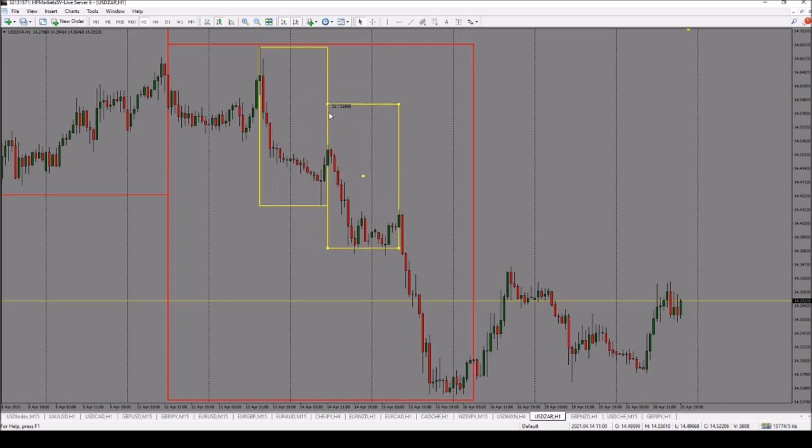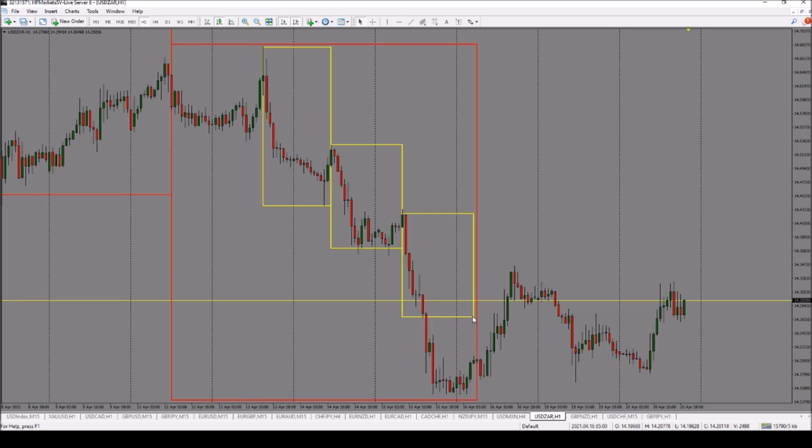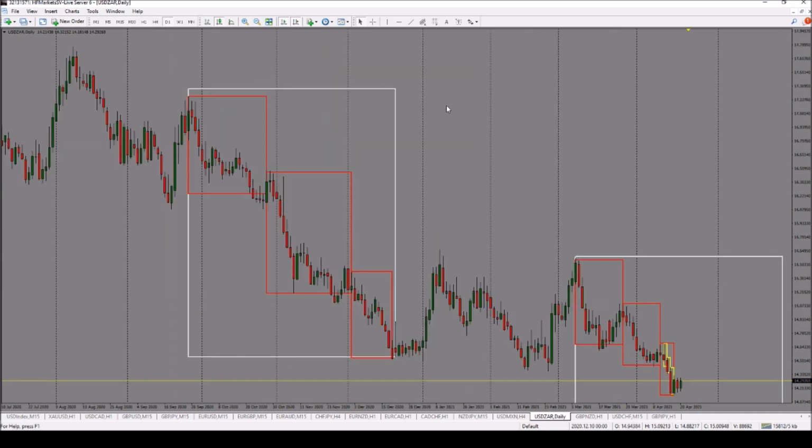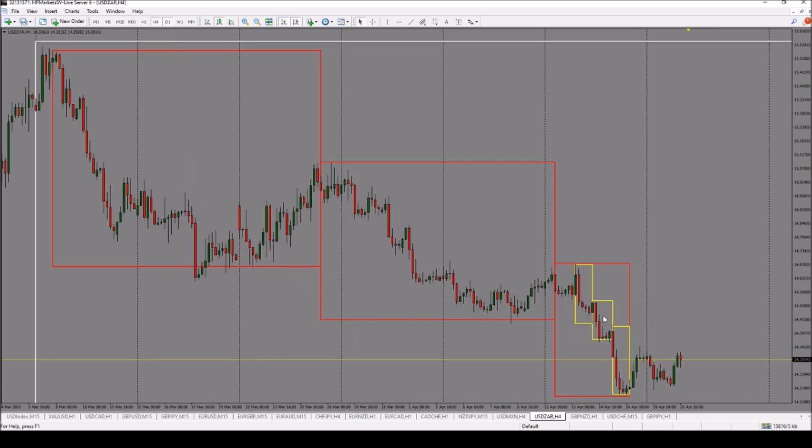And then the second one and the last one. So this is now proof for us that we now had three waves of the H1 within this H4 wave. So this is how it basically looks on the H4 time frame, whereby we have three H1 waves within one H4 wave.